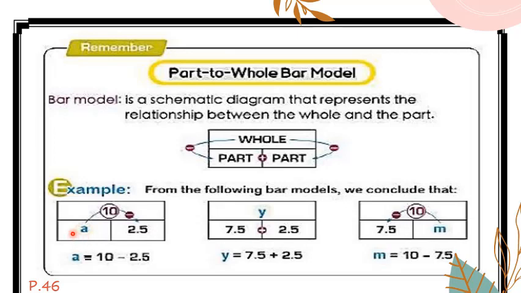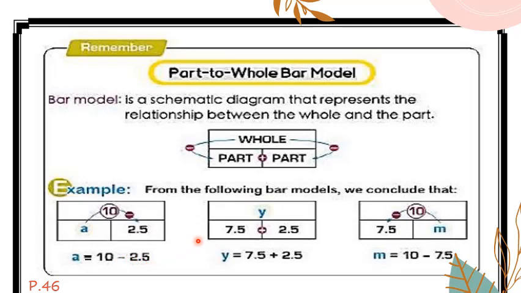Here in the first example, he put a for me. And in part 2, 2.5. How to get a, the variable a, or part 1? By making whole minus part 2. So I will write an equation: a equals 10 minus 2.5.